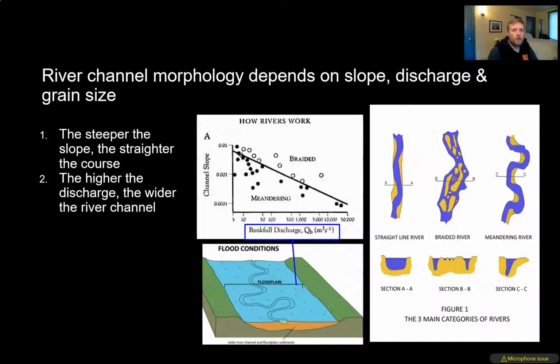One where you have multiple channels where the river water is carrying a bunch of sediment downhill and creating these little islands in the middle of the river, versus a meandering stream where the erosion and deposition is isolated to point bars for deposition and cut banks for erosion, right?